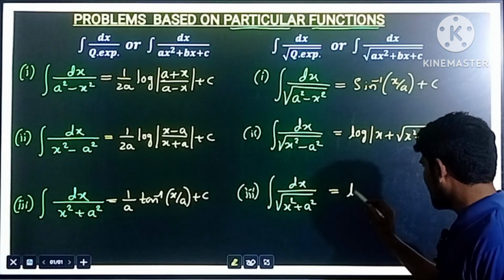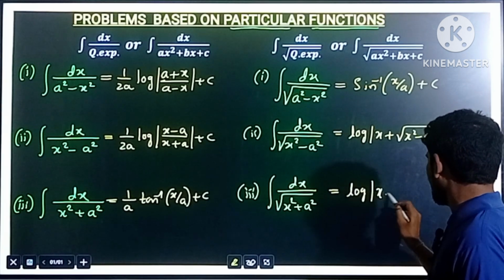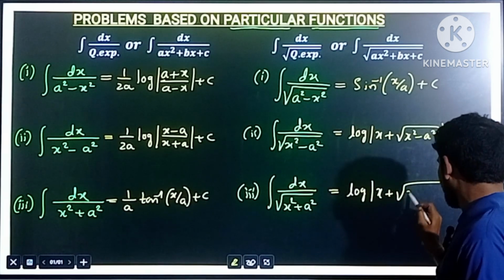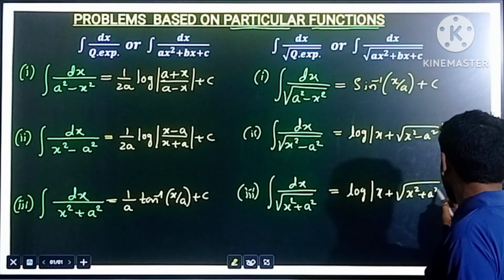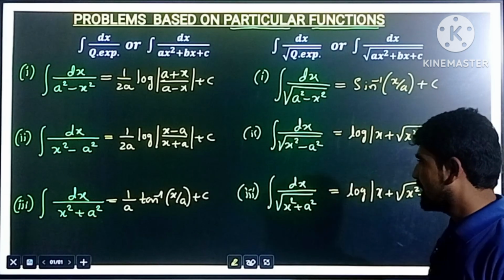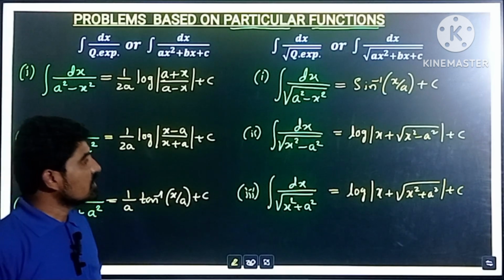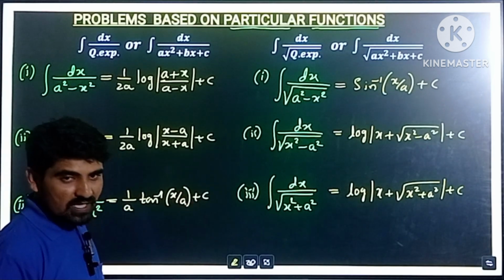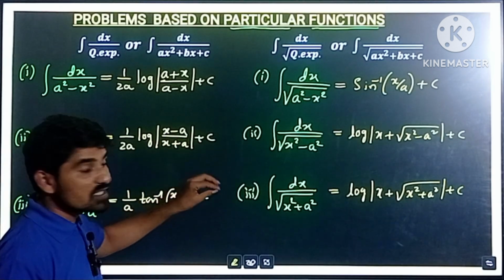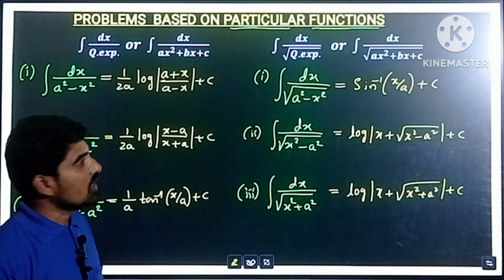And the third one is log of x plus square root of x square plus a square plus c. I hope all of you are perfect with these formulas, since we need them to solve the problems based on these particular function forms.